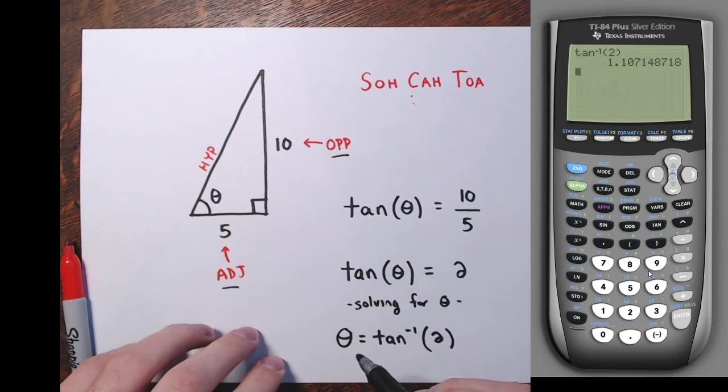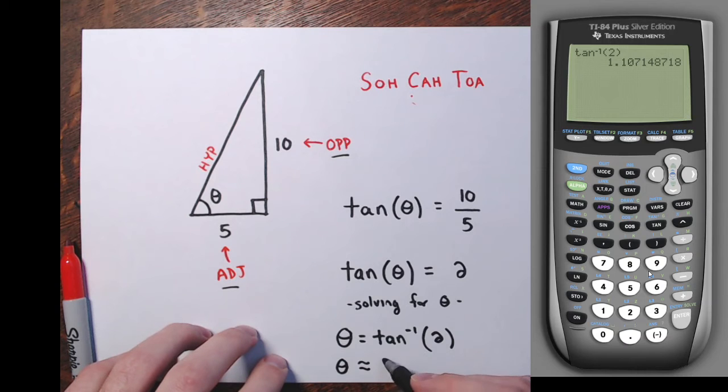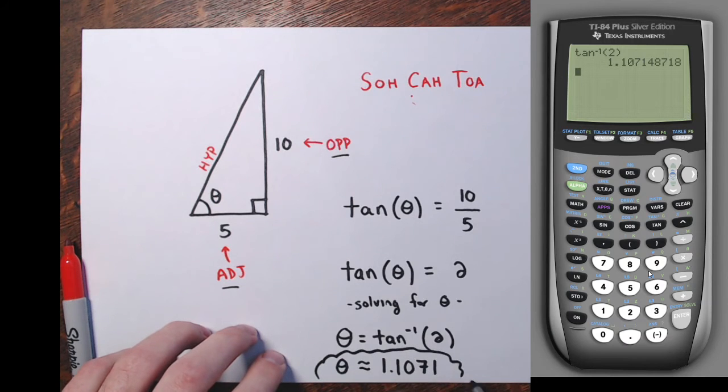So this angle theta that we're asked to find measures approximately 1.1071 when I round it to 4 decimal places.